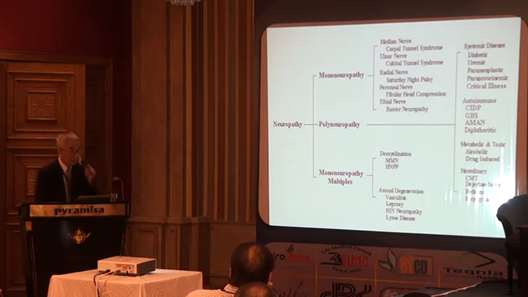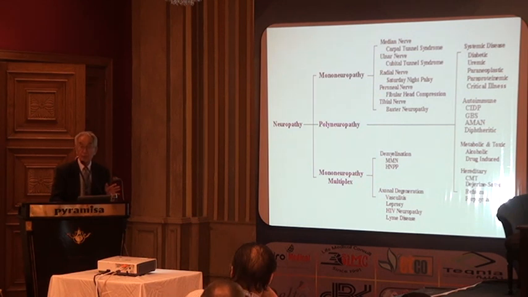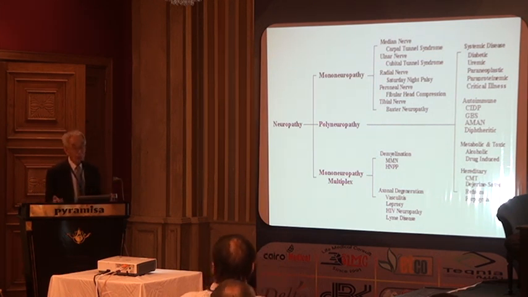So if a patient comes and says, Dr. Kimura, I have my fingers tingle, if that's the first thing patients say, then your question always has to be, how about your toes? And if the patient says, no, nothing wrong with my toes, that's not polyneuropathy, right? That's either carpal tunnel syndrome, myelopathy, many different possibilities, but not polyneuropathy.